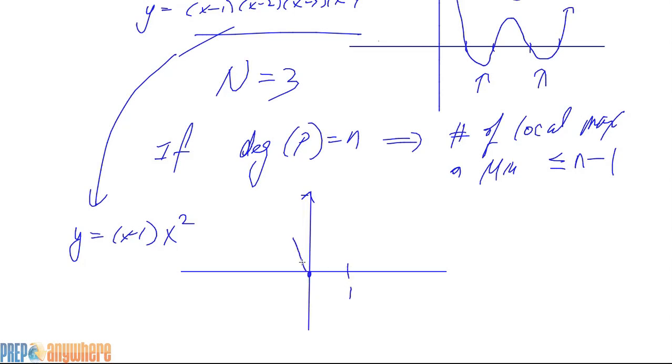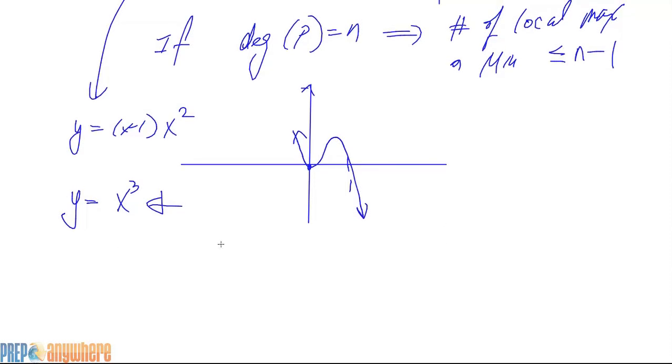This is like this, right? How many local max or minimum do we have here? We still have 2 actually. The bounce does not destroy the local max minimum. I guess we have to do something like this: x to the power of 3. How many local max minimums does that have? None. It destroys all the local max minimum.